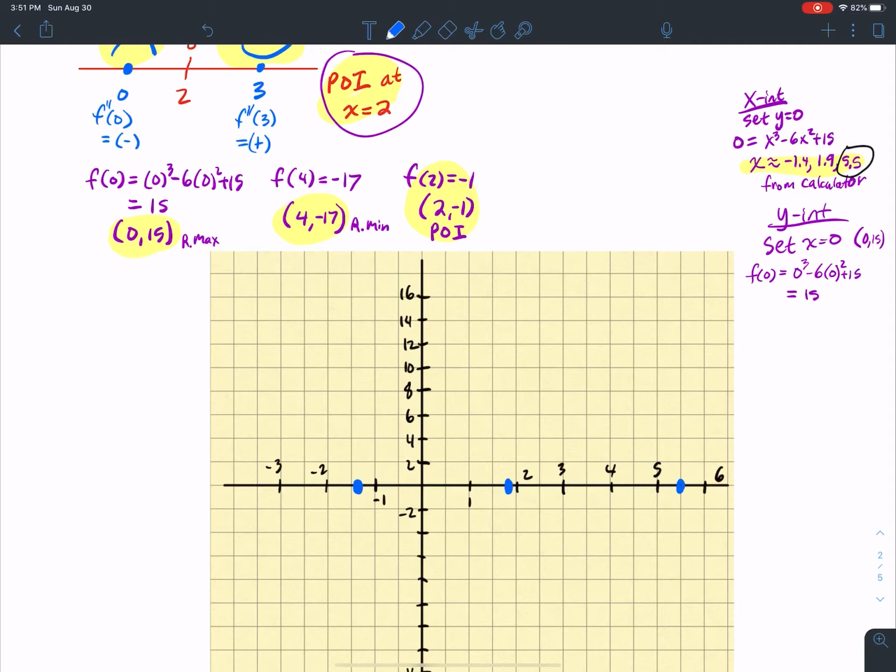And then 5.5 is another x-intercept. So we can label these. -1.4, 0, and I want you to label them on your test for sure. And then 1.9, 0 there, and draw a little arrow out here, 5.5, 0 there. Okay, so those are my x-intercepts.